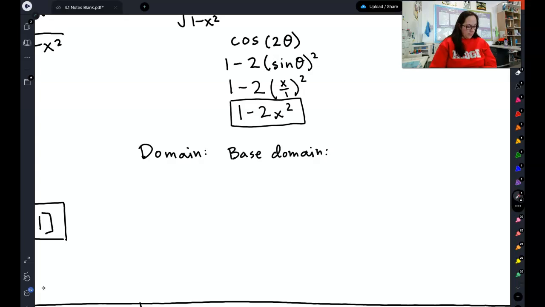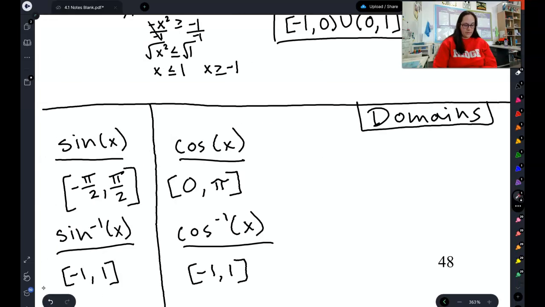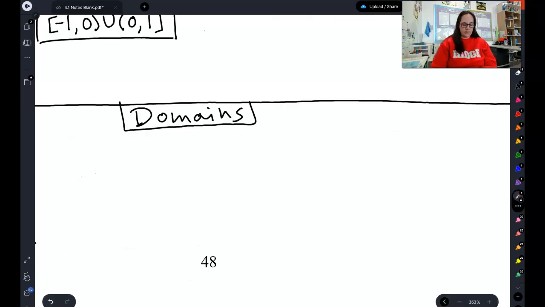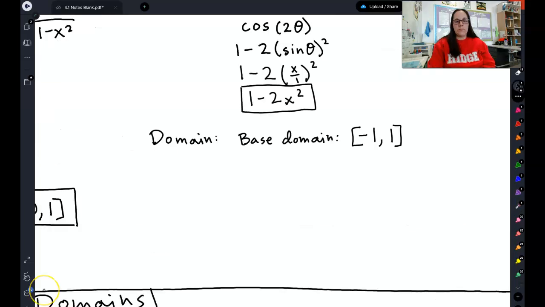The base domain for arc sine, let's see over here, is -1 to +1. So that's why we start with our base domain of -1 to 1.